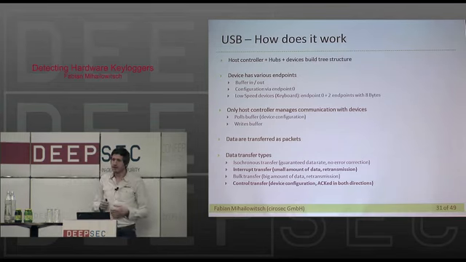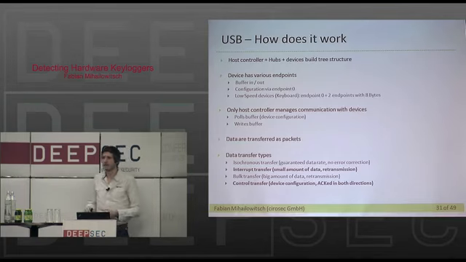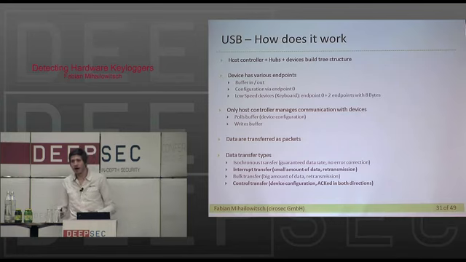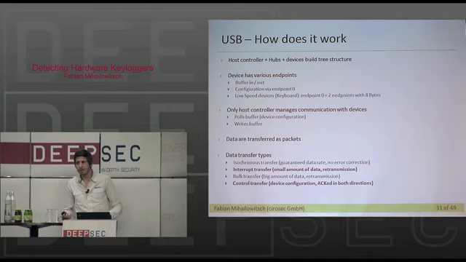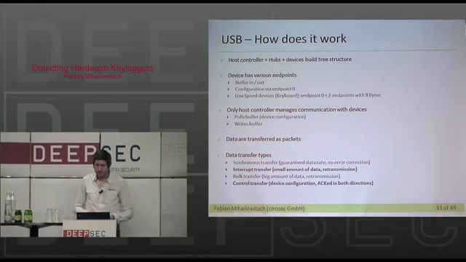And each device has an endpoint 0, which is used to set and to get the device configuration and just configure it. Interesting for us are especially low-speed devices, since USB keyboards are normally USB low-speed devices, and there you have the endpoint 0 to configure it, and you have like 2 endpoints with 8 bytes.